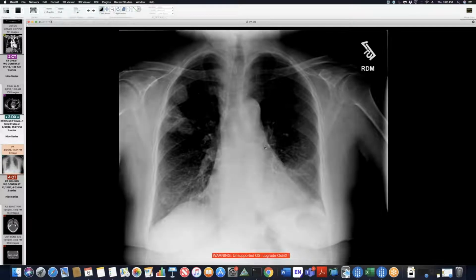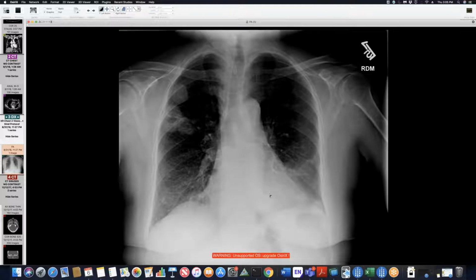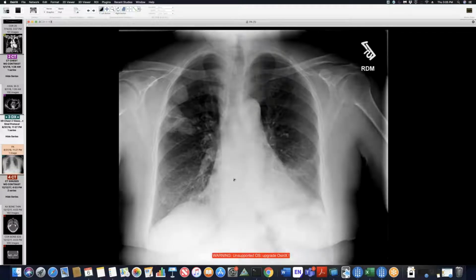Here you can see there's an abnormality along the contour, silhouetting the paravertebral line and the descending thoracic aorta. So something probably against the posterior mediastinum there.